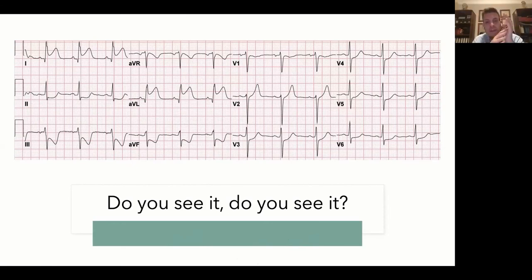You need a STEMI in 2 consecutive leads with a contralateral depression in order to characterize it as a true STEMI. Okay. So if we talk about it, we have ST depression in lead 3 and in lead 2 and also in... Okay.